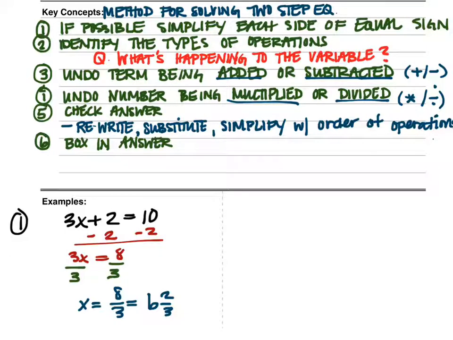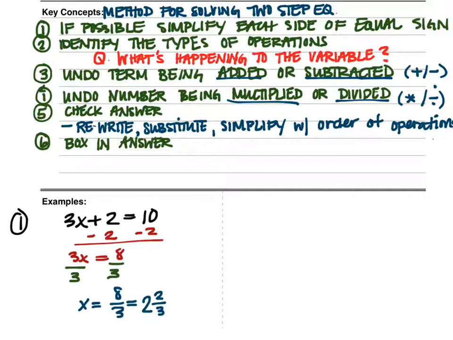So let me go back a step and fix that. 8 divided by 3, there are 2 3's that can go in evenly, with 2 left over and 3, in fact, in my denominator.